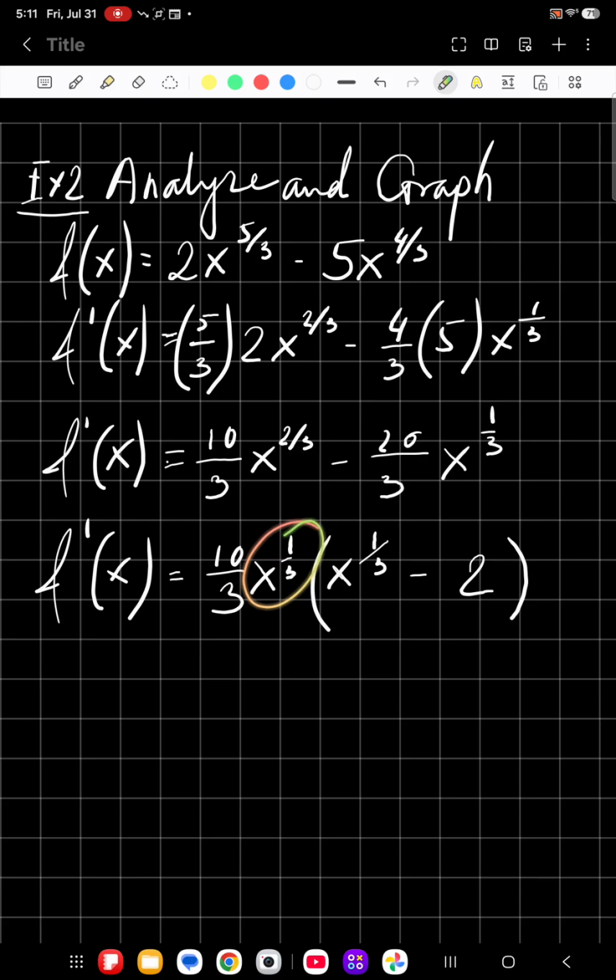When you multiply the same variable with different exponents, we add the exponents. So if you multiply x to the 1/3 times x to the 1/3, you add the exponents and you get 2/3. So that's how we got that.